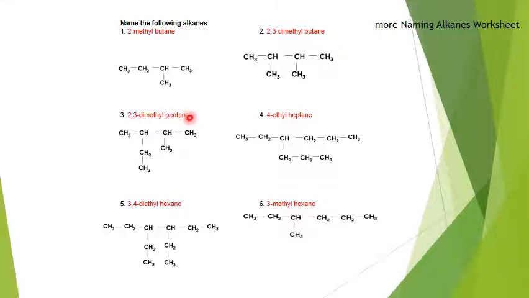So longest chain would be 1, 2, 3, 4, 5 pentane. Okay, and it has here and here a methyl. If we started from this carbon, it'd be 3,4 dimethyl. And if we start from this carbon, it'd be 2,3 dimethyl. So going from this carbon over, it'd be 2,3 dimethylpentane.